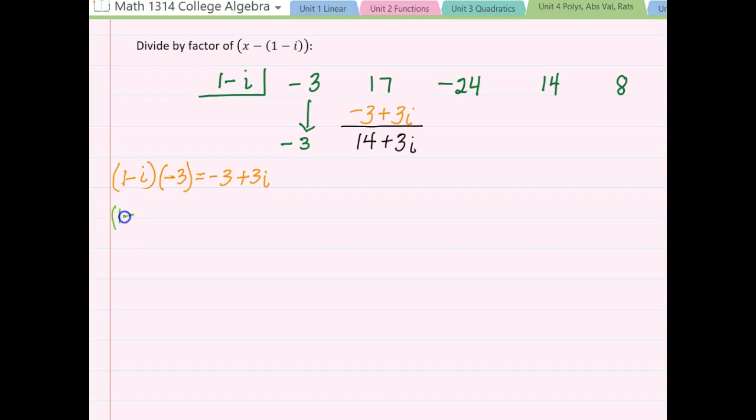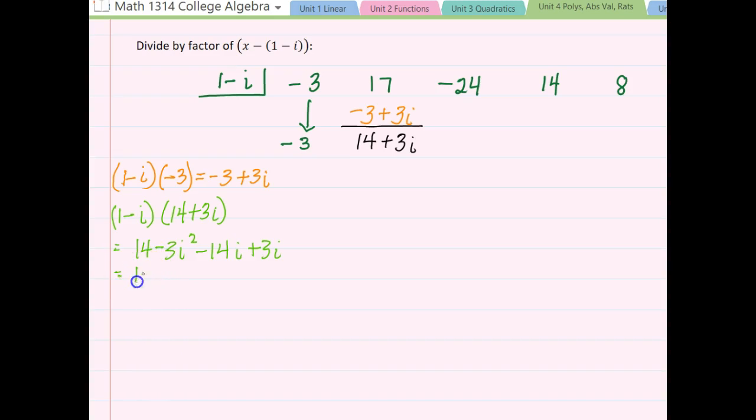Now we need to multiply 1 minus i times 14 plus 3i. We are multiplying two complex numbers, so I have 1 times 14, which is 14, and -i times 3i will give me -3i squared, minus 14i plus 3i.